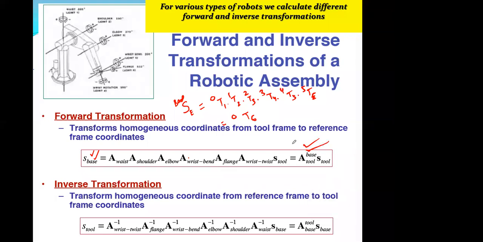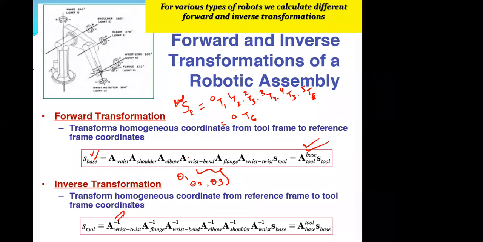In a similar fashion, they have derived the inverse transformation, the homogeneous coordinate transformation from the reference frame to the tool frame coordinates. In that aspect, you can have an S tool. What is the S tool? Here you have been given the position of the tool, and you are finding the inverse. Why is this inverse important? From this inverse position, you are finding the various angles θ1, θ2, θ3. We have to diagnose these angles. So that will be a representation of the inverse kinematics.